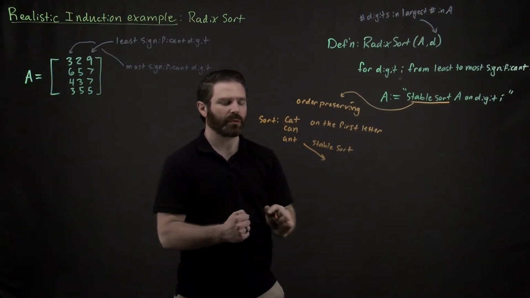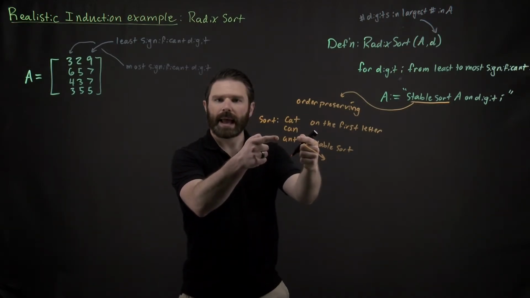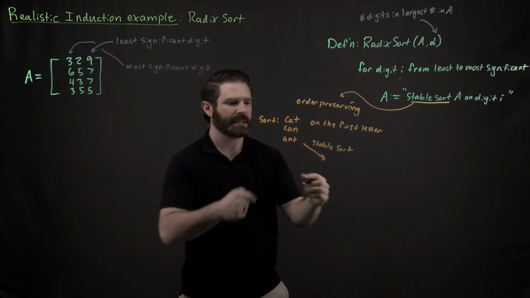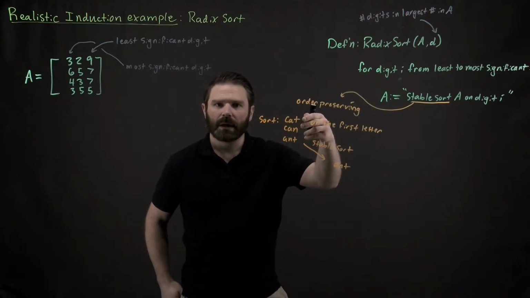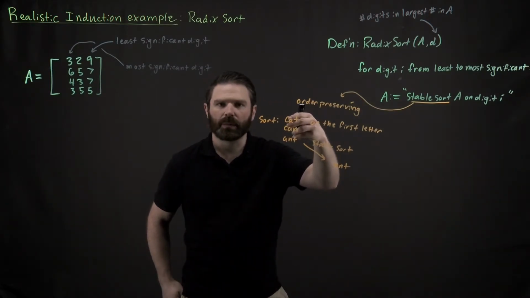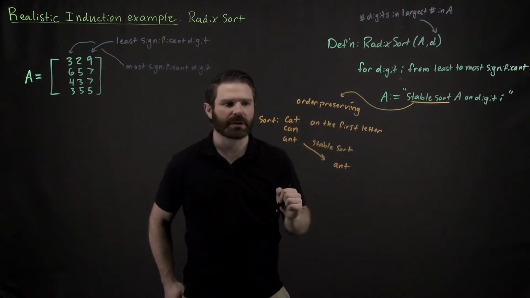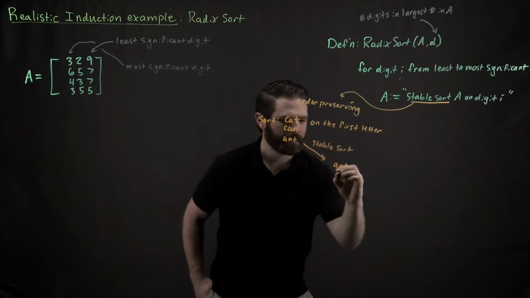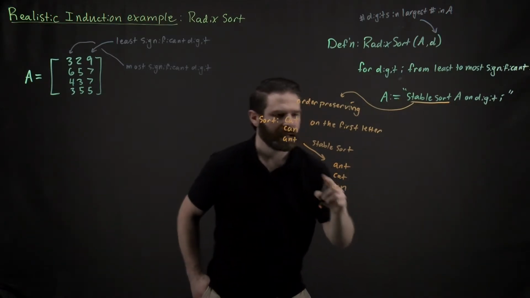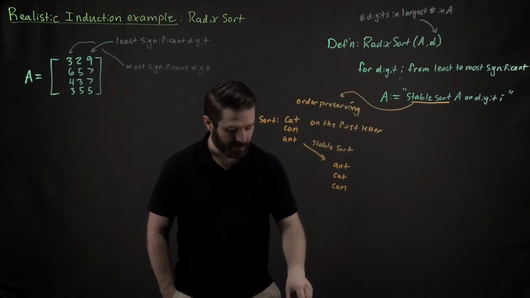A stable sort would, well, A comes before C, so ant would come first. And then here, the first letter, they're both C's. So to be order preserving, I'd have to keep cat in front of can. And that would be a stable sort.